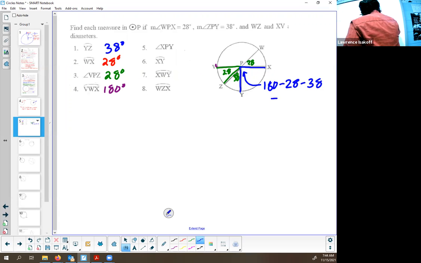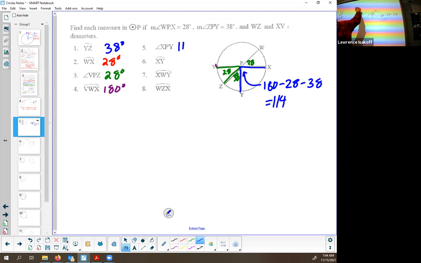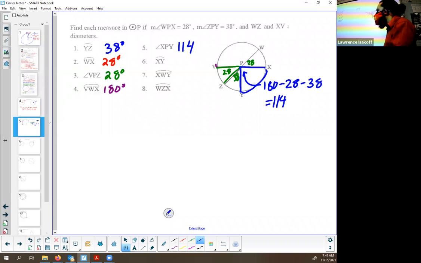So this angle is actually equal to 114 degrees, even though if you looked at it you might say it looks like 90. I don't trust looks, I trust what the math says. If the angle's 114, the arc will be 114 as well.